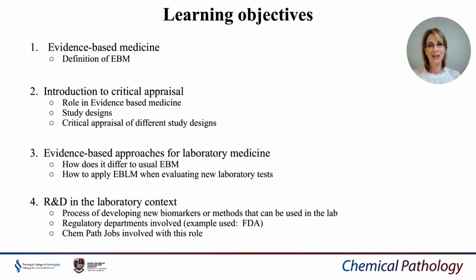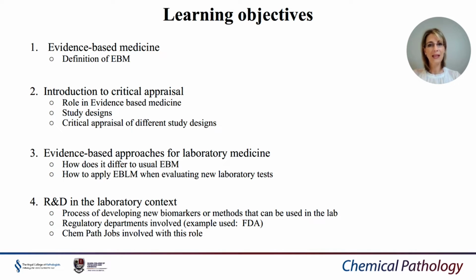So in this presentation, we will look at four main learning outcomes, and first of all, it is to understand what evidence-based medicine is, its definition, and then looking at the introduction to critical appraisal and how that actually is done and the role within EBLM or evidence-based medicine. Then looking at evidence-based approaches in the laboratory medicine setting and how this differs to normal evidence-based medicine.